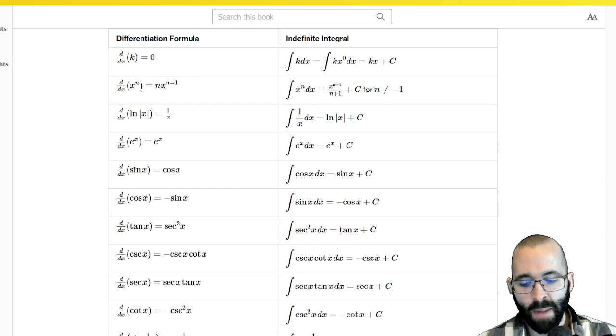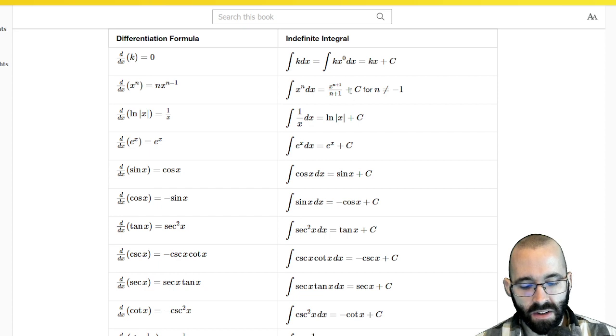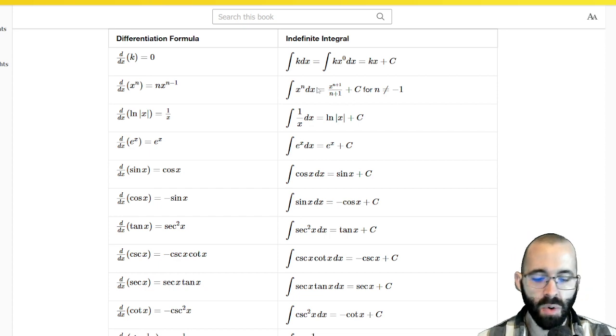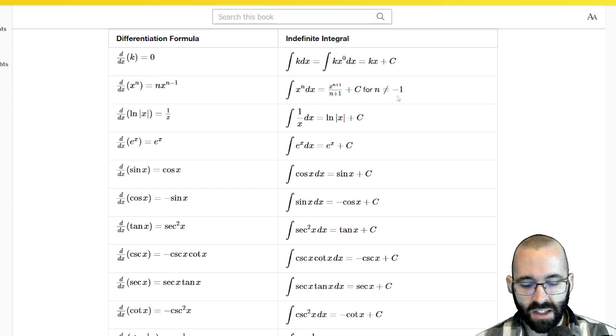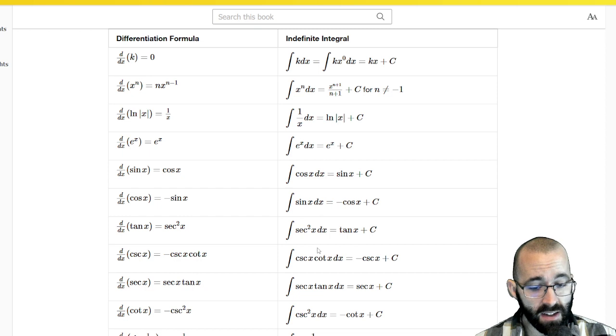And likewise, we have the power rule. Instead of bringing down a power and subtracting it, we go backwards. We add a power, and then we divide by that new power. So this is probably going to be the most important rule, and I will manually write this down. This one is what we'll write down together, but everything else, you can write it down if you'd like. We'll be using it.